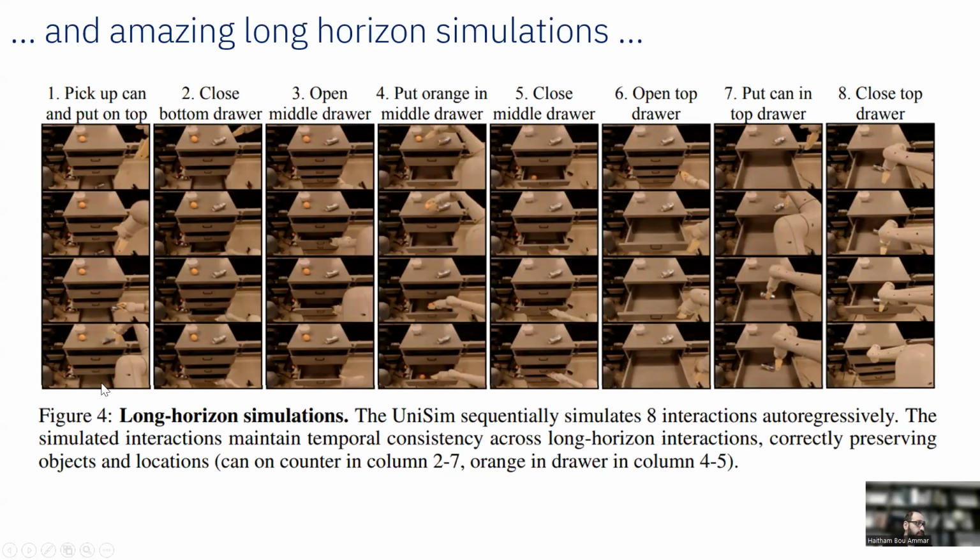Here the bottom drawer is open, this is the starting frame, and now you're going to close the drawer. And then you can say open the middle drawer, right? So you again start from here, and then you open the drawer. So you're generating those frames autoregressively. And they show that you can simulate up to 8 interactions autoregressively, okay?